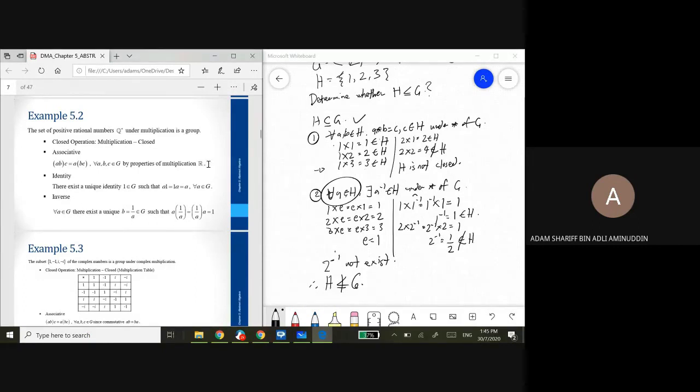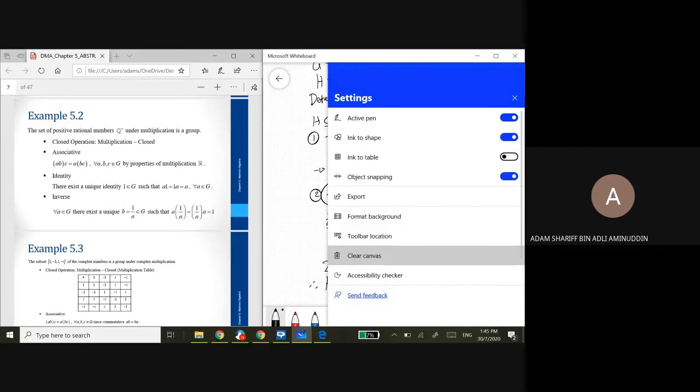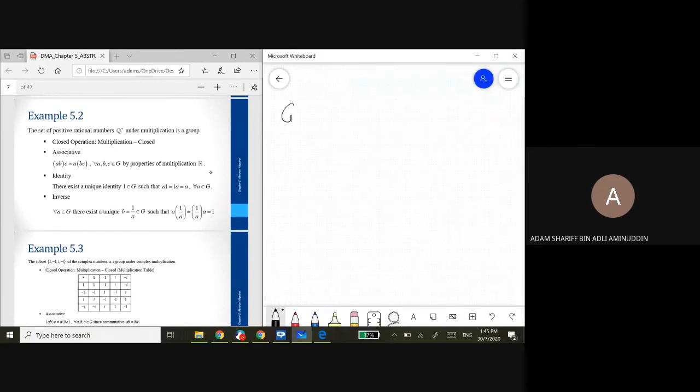Examples: G can be the set Z, the integers. It can also be Zn, integers modulo n.